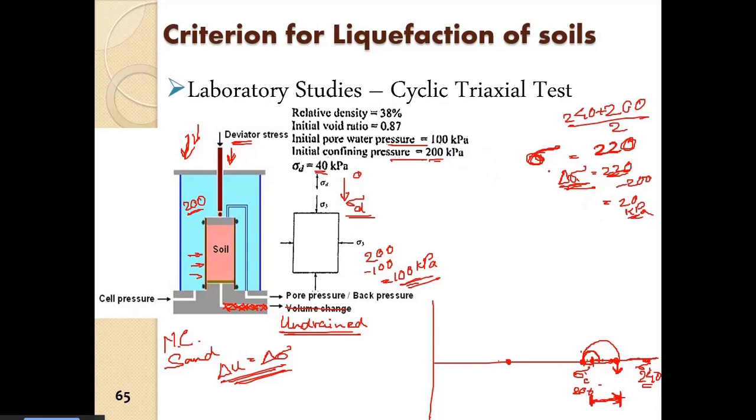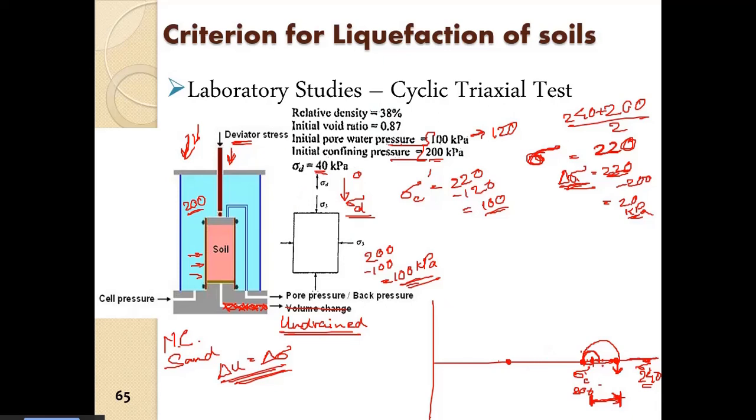Similarly, the increment is 20 kPa, so the pore water pressure will also increase up to 120 kPa. Ultimately sigma c dash, the effective confinement, will be 220 minus 120, equal to 100 kPa. So whatever initial effective confinement was there, the same is also there after the loading has been completed.